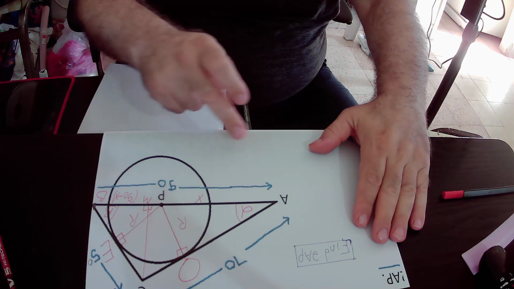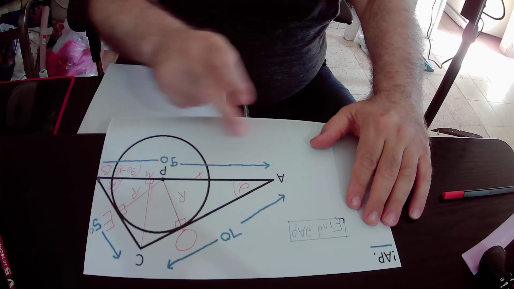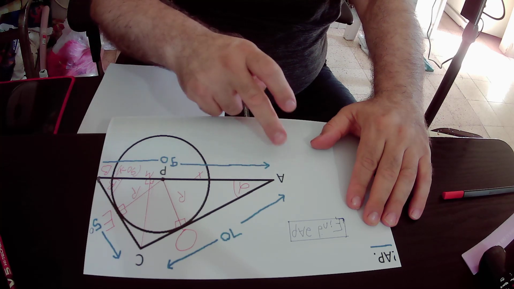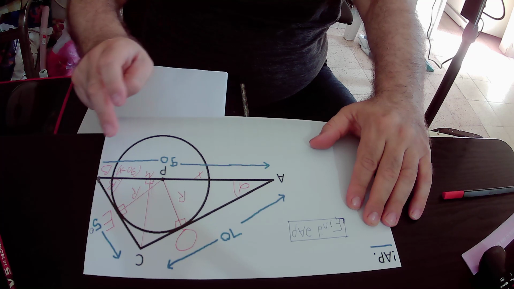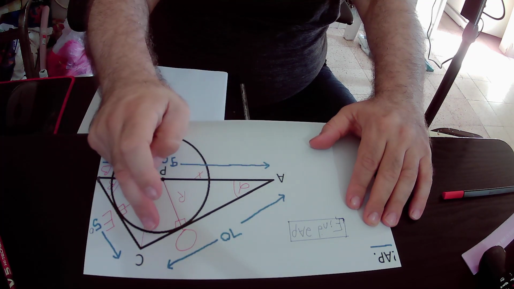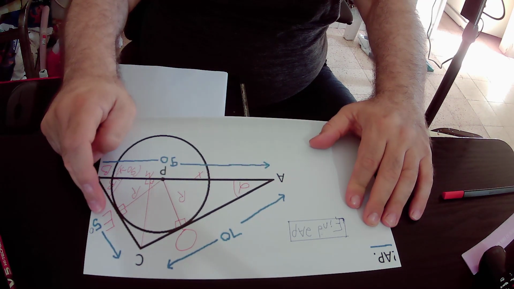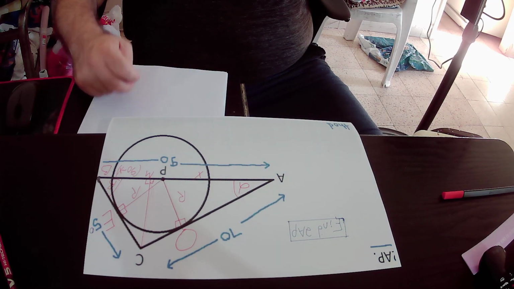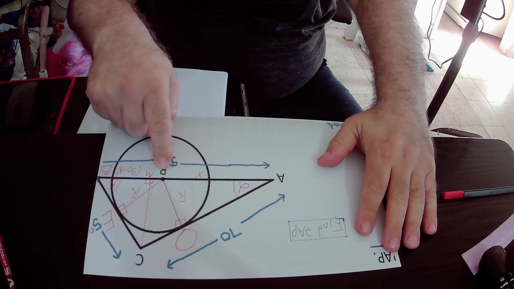Side AB of the triangle ABC is 90 units. Side AC of the triangle is 70 units, and side CB equals 50 units. And also we have a circle, and the center of this circle is point P.